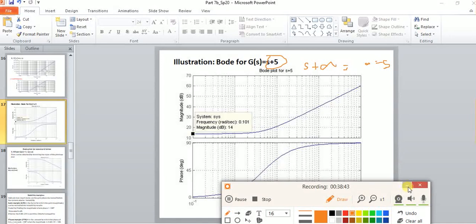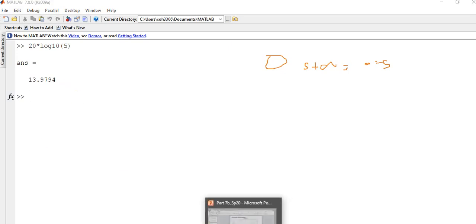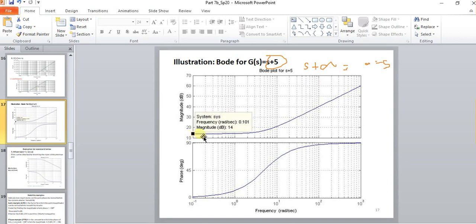So 20 log 5 is 13.979. It's almost 14. So this is the reason why this dB is 14. That means it starts with 14 and up to this 5 radians per second it is flat, and then it starts increasing at a rate of 20.